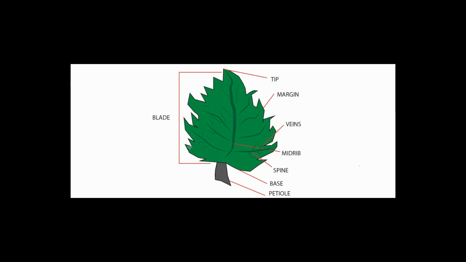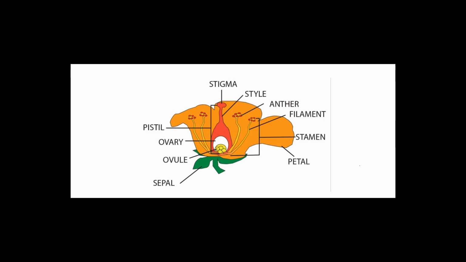Now we will proceed to the flower anatomy. This is what we call a flower. In flowers also, we have classifications, but we will focus first, as I have said, on the basics. We will familiarize ourselves with the basic structure of the flower. This green structure is what we call the sepal.